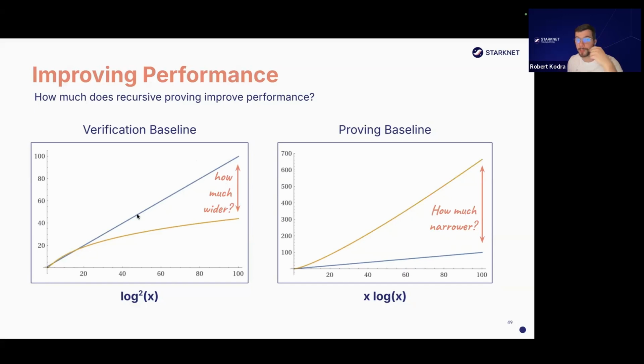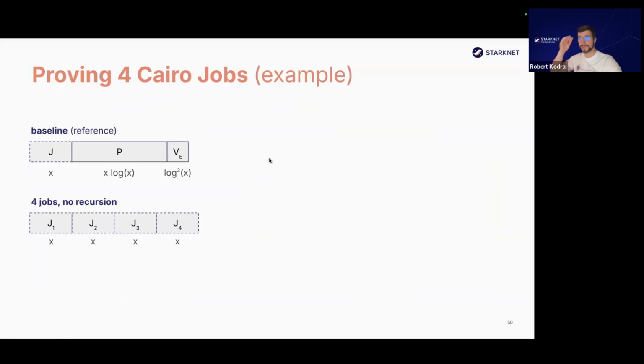If you remember, this is the amount of work done by the sequencer, and this is the amount of work done by the validator on layer one, which is polylogarithmic. As an example, what's important is that we show the logic. The mathematical numbers you'll see here are not that relevant. It's important to understand the logic behind it and, in the end, to visualize it on the plot to give a better perspective.